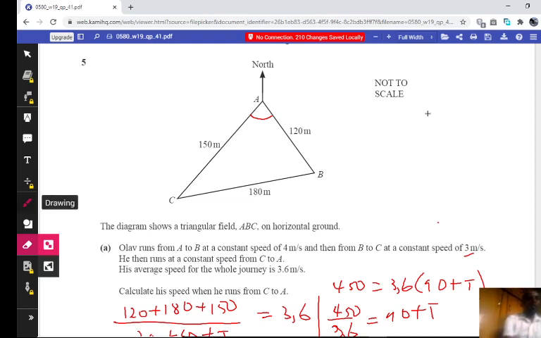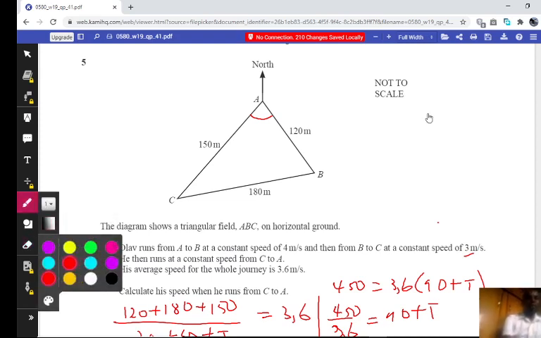Like this. So to find the angle BAC, it said, I have even told you, use the cosine rule. So you have to work out this one.